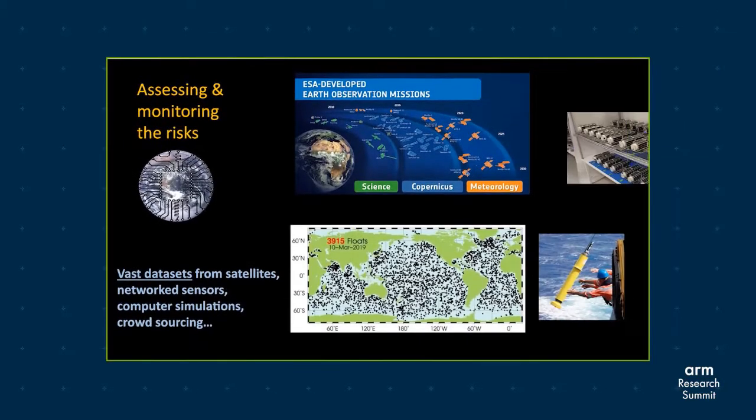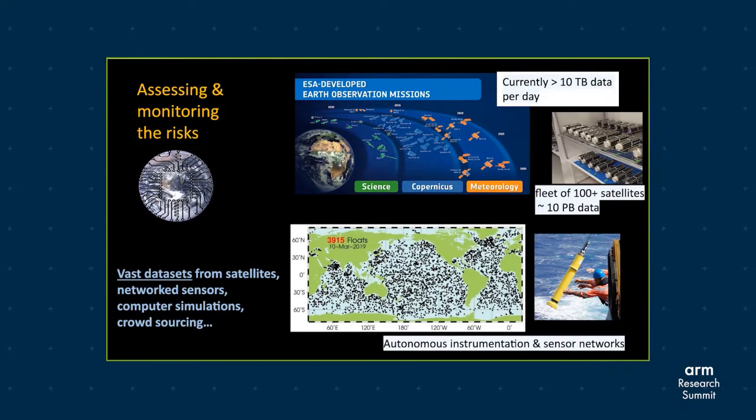Some of that data comes from satellites, from space. Some of it comes from the ground, from networks of sensors. Some of it comes from computer simulations of ever increasing complexity of the natural world. And some of it comes from all sorts of different sources, crowdsourced data telling us about instances of illegal deforestation around the world, for example.